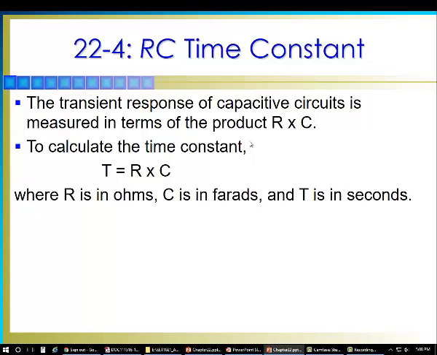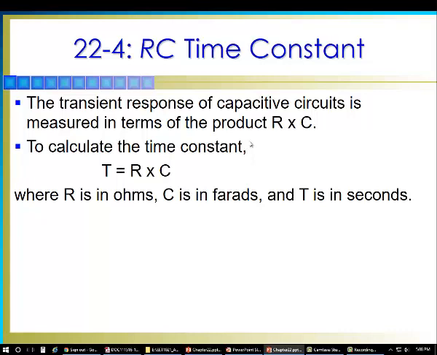As we mentioned in the previous video about the LR time constant, there is a transient response for inductive circuits, and there is also a transient response of capacitive circuits, and it is measured in terms of the product of the resistance times the capacitance.